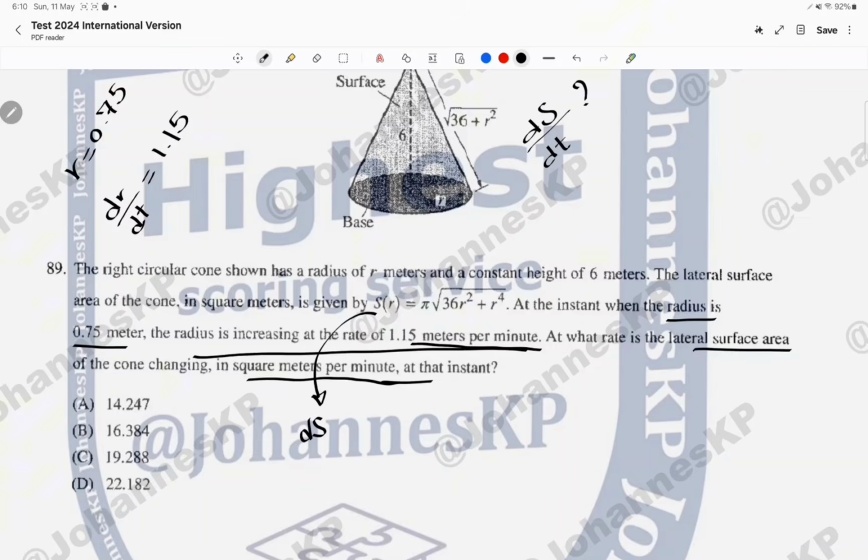I get dS over dr equal to pi times 1 over 2 square root of 36r squared plus r to the fourth. And then in the numerator, I multiply by the derivative of the interior. What's the derivative of this? 72r plus 4r cubed, correct? Yes.